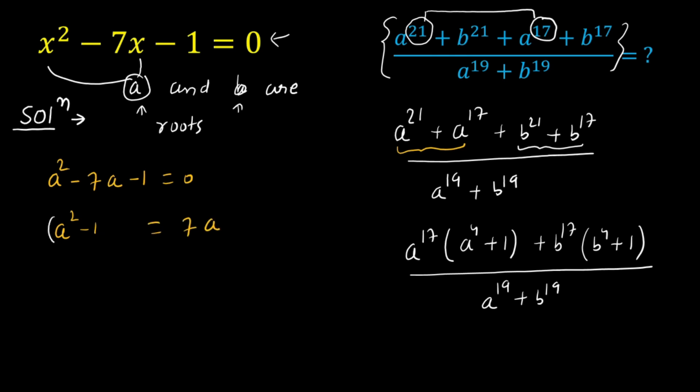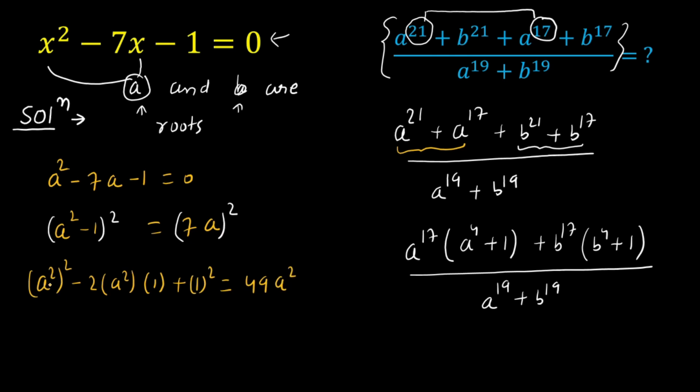If we square both sides, then on the left-hand side we apply (a - b)^2 = a^2 - 2ab + b^2. Then (a^2)^2 - 2 times a^2 times 1 + 1^2 equals 49a^2. Here (a^2)^2 is a^4, so a^4 - 2a^2 + 1 = 49a^2.